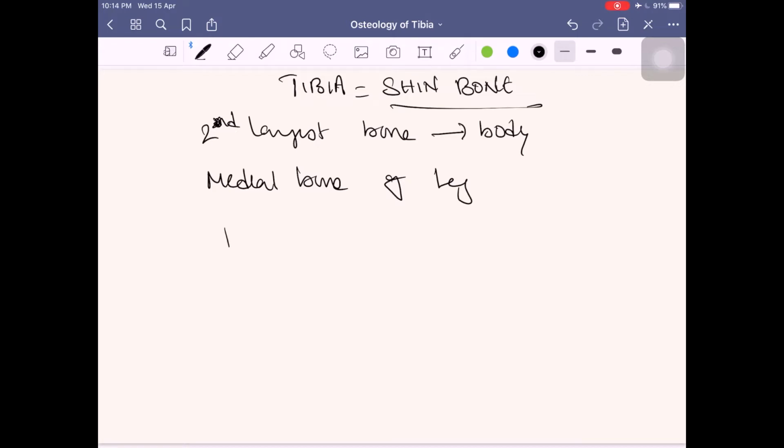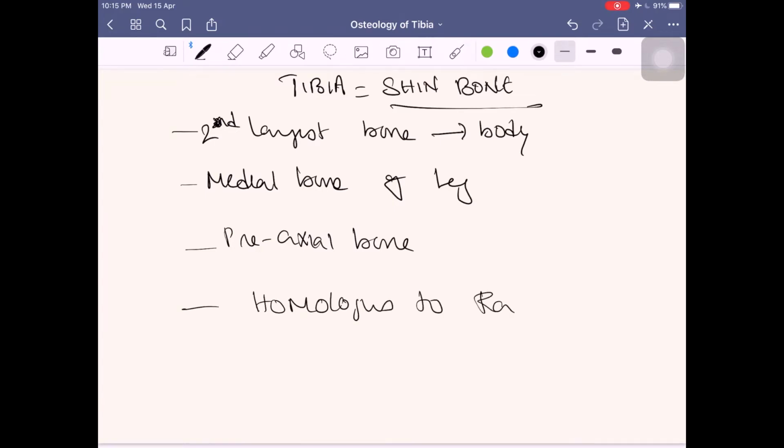And this tibia is also called, developmentally, the preaxial bone. Preaxial is the bone belonging to the greater toe side, and it is homologous to the lateral bone, and that is the radius of forearm of upper limb.